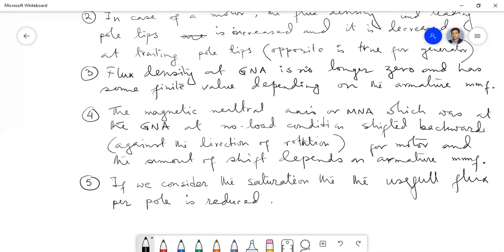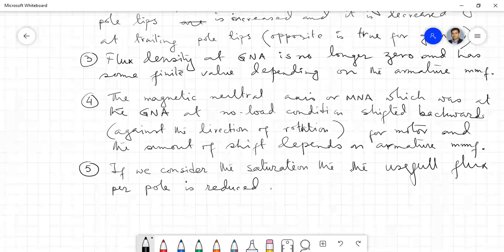Useful flux per pole is reduced. And if we don't consider the saturation, then the useful flux per pole is unaltered. Now how can we explain this point?